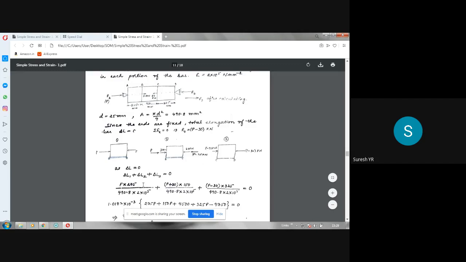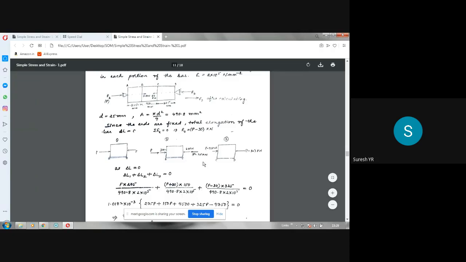Next delta L2 will be P2 L2 divided by A2 into E. So what is P2? P2 is the force acting on this. It is P plus 30 or 30 plus P. So 30 plus P into length of the bar is 150 mm divided by area is same into E is also same. So here A and E are constants.